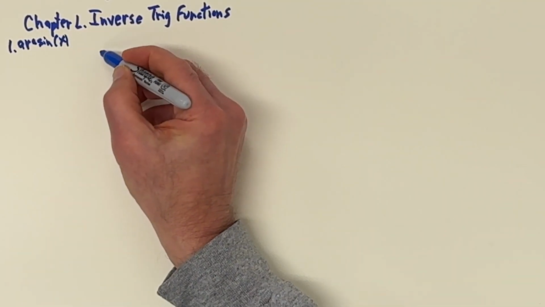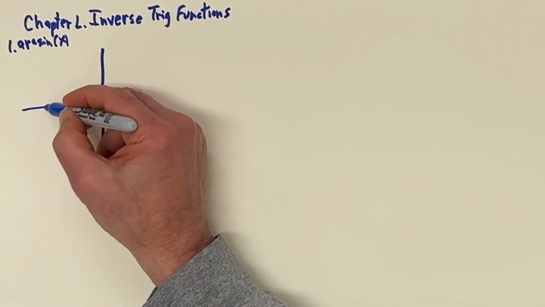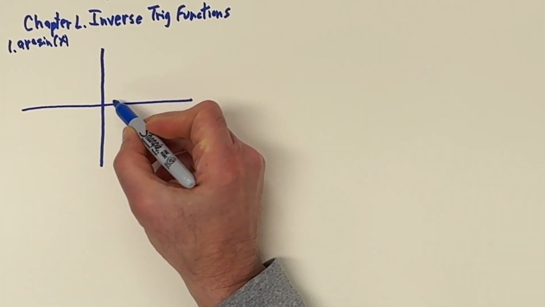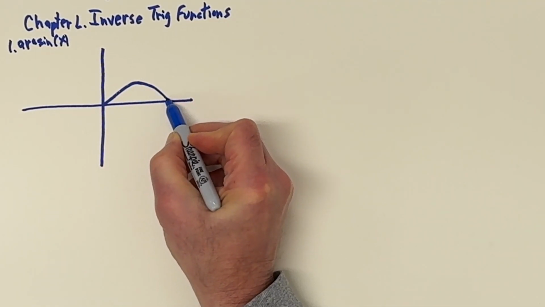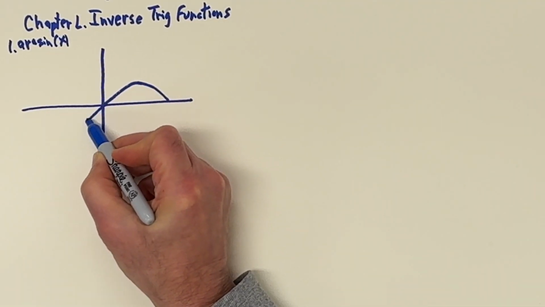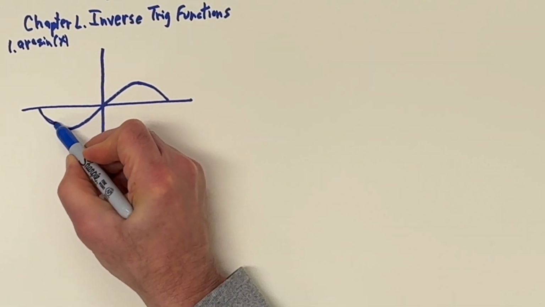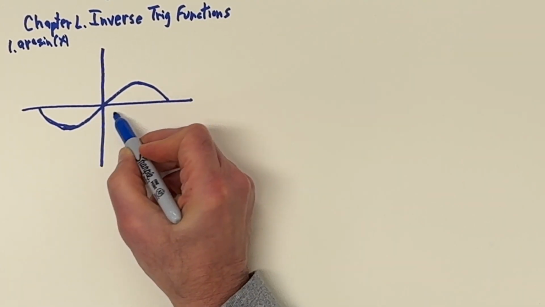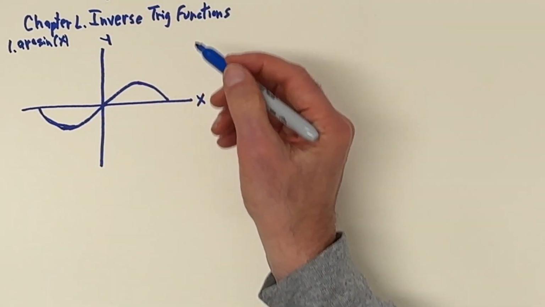And before we do that, we're going to do a little sketch of the sine. So let's go ahead in the other direction. Okay, so this gives us the sine of x. This is x, this is y.